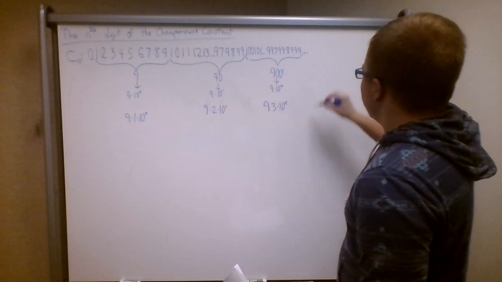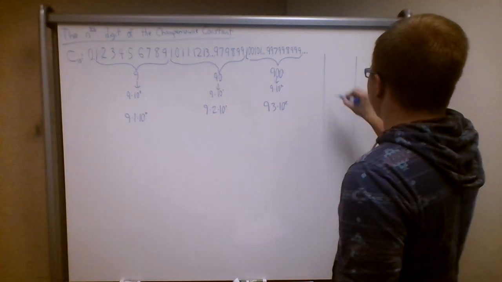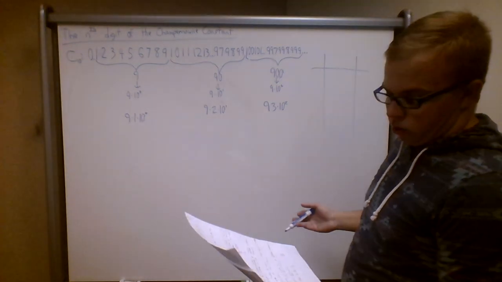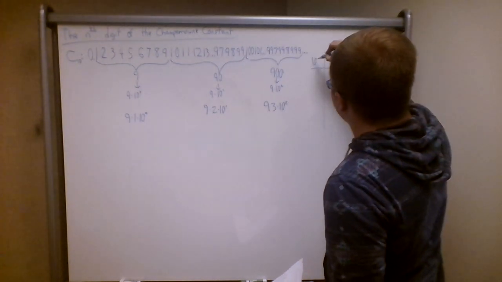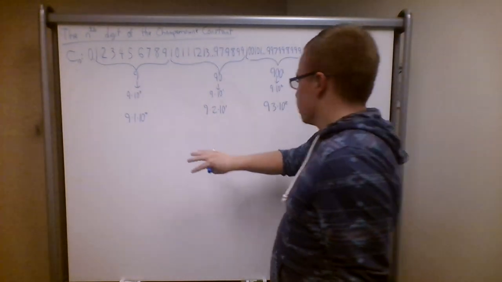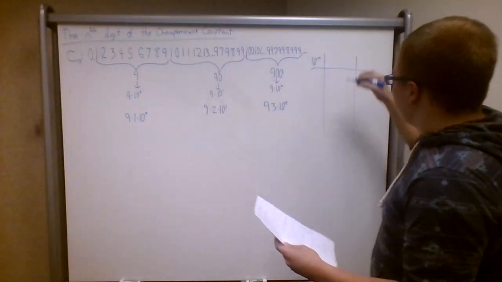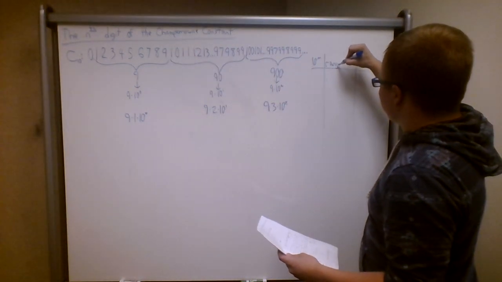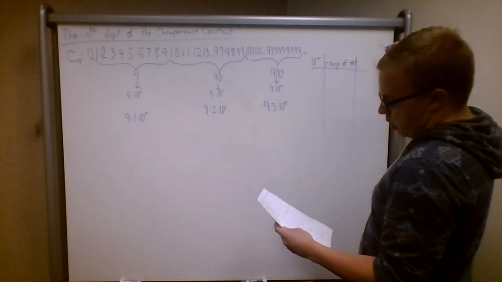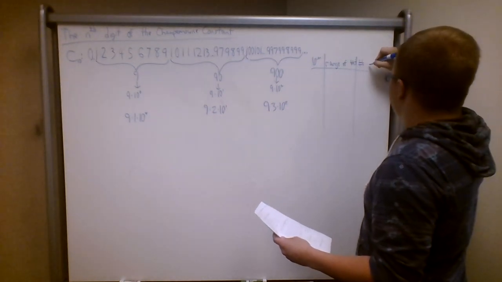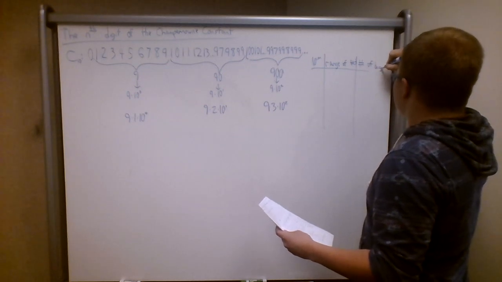Sorry, we're going to make a table over here. And in a second, we're going to write 10 to the m up here, and I'll show you the sum in a second. We can go ahead and write the table. We're going to have our range of numbers, and then we're going to have our number of digits.